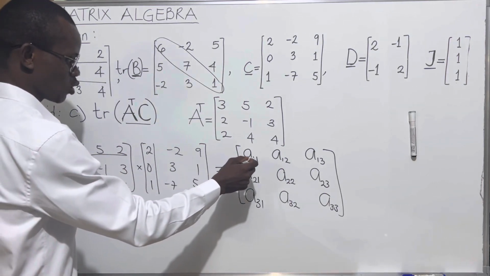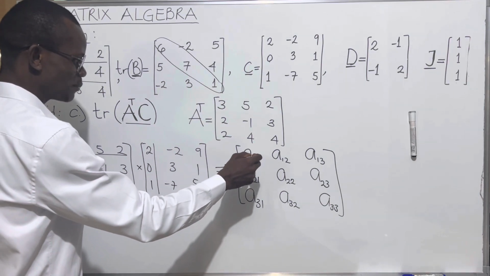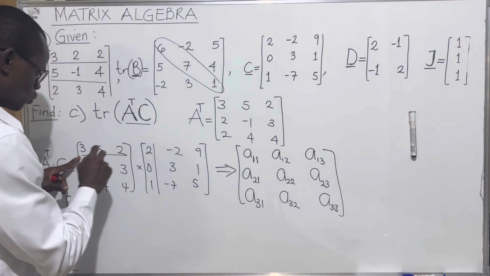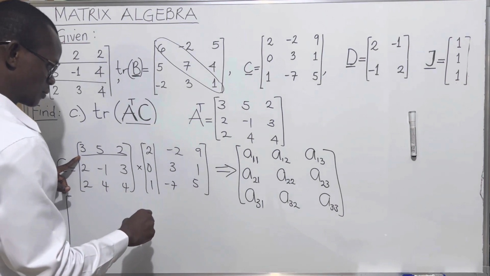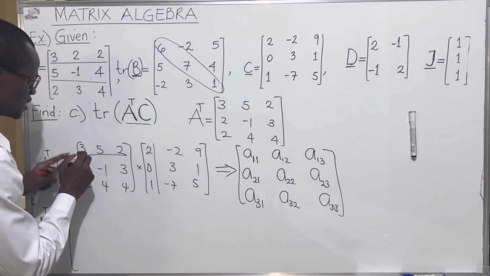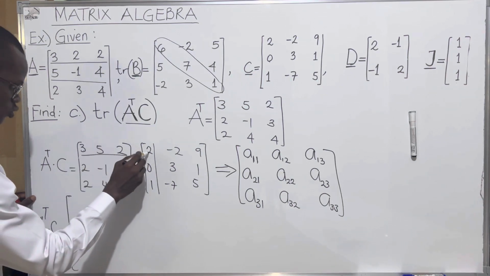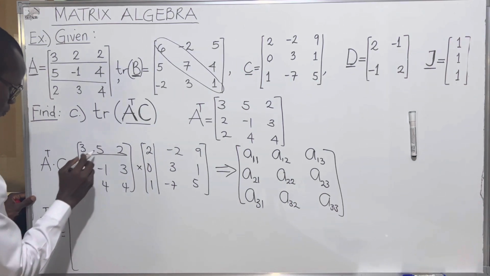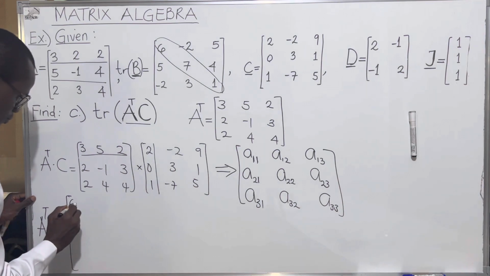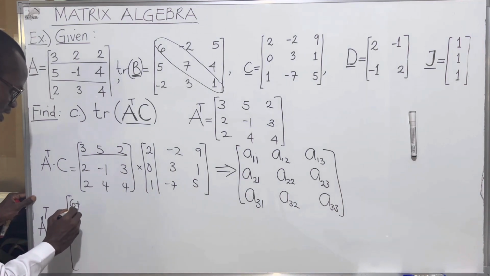So this is row 1 times column 1. It's 3 times 2, which is 6, 3 times 0, and 5 times 0, then you add, and we get 8, right?